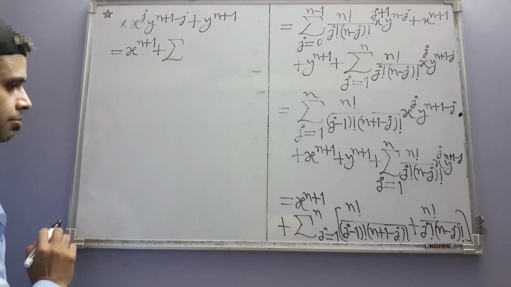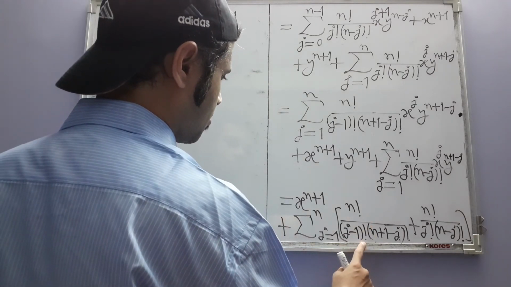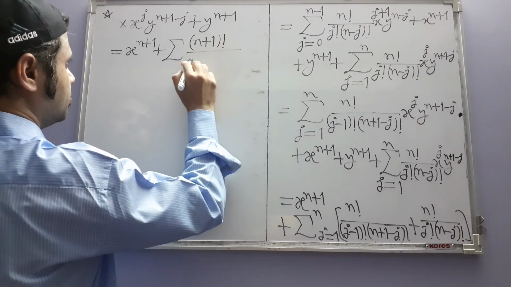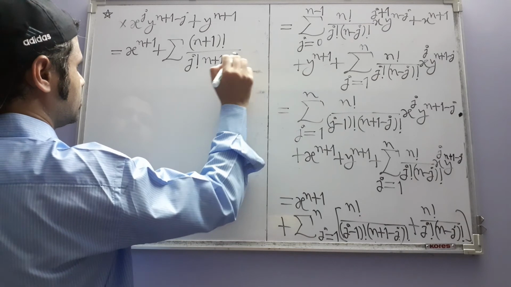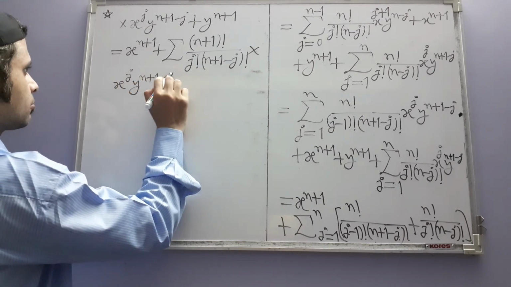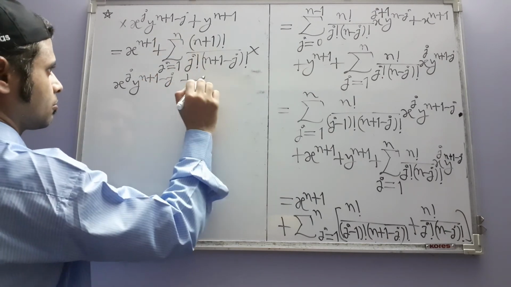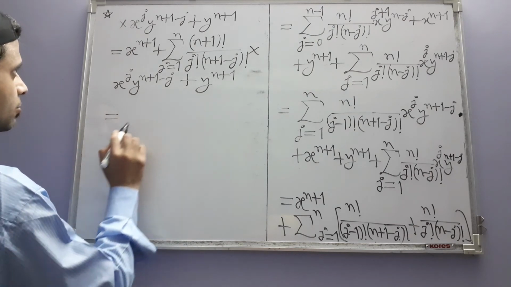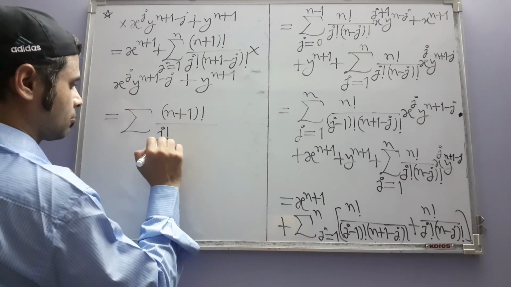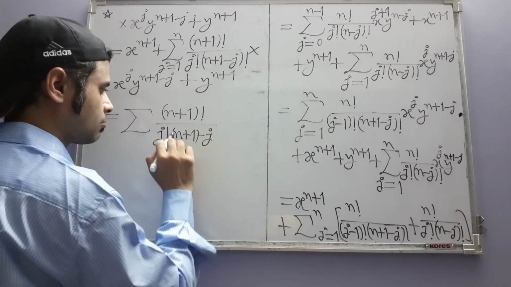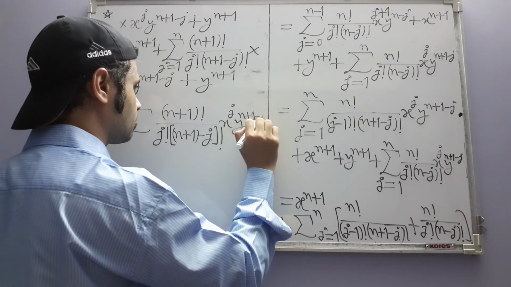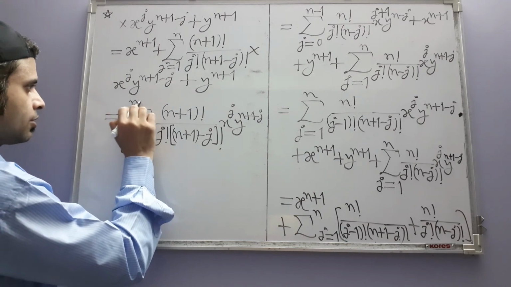Plus the summation of n plus 1 factorial divided by j factorial times n plus 1 minus j factorial times, now we make j vary from 0 to n plus 1.